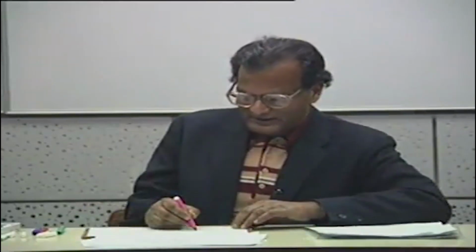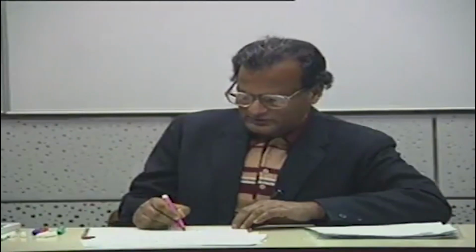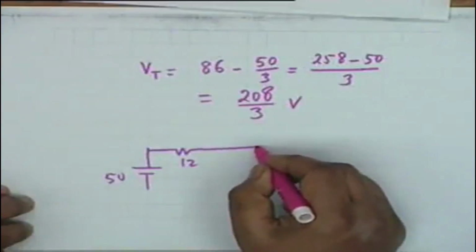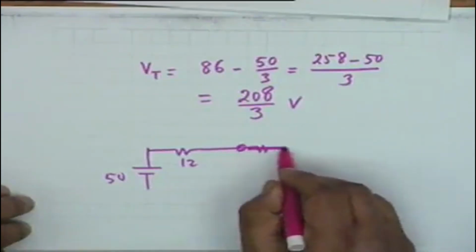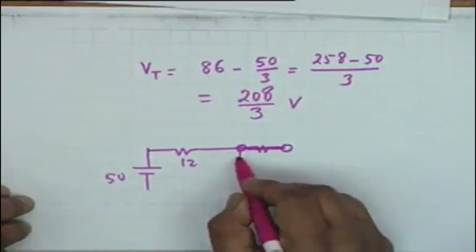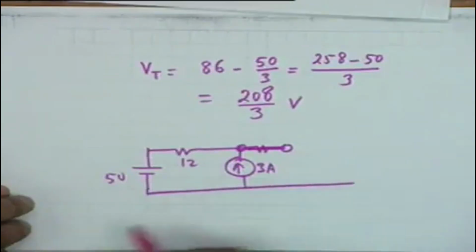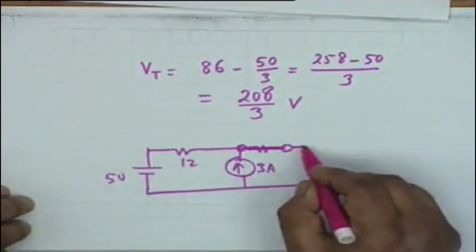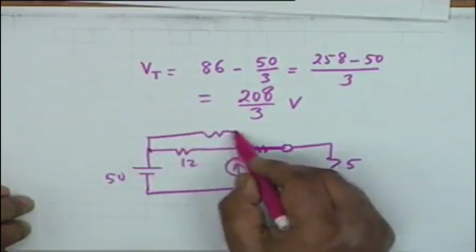As you shall see right away, our circuit was 50 volt, 12, then I beg your pardon, this would be a short circuit now. That 2 ohm would be a short circuit. You have a 3 ampere source here, then a 5 ohm and a 10 ohm here.